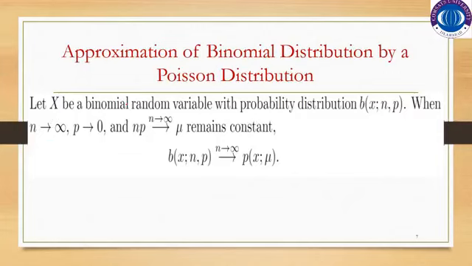If x is a binomial random variable with parameters n and p, and n becomes very large and p becomes very small, so that the mean of the binomial distribution, n into p, which is mu, remains constant, then the binomial distribution will tend to the Poisson distribution.